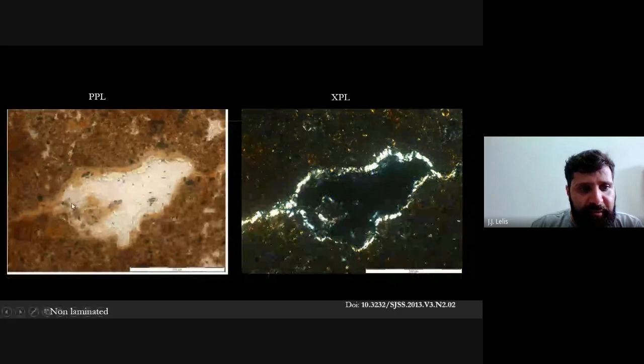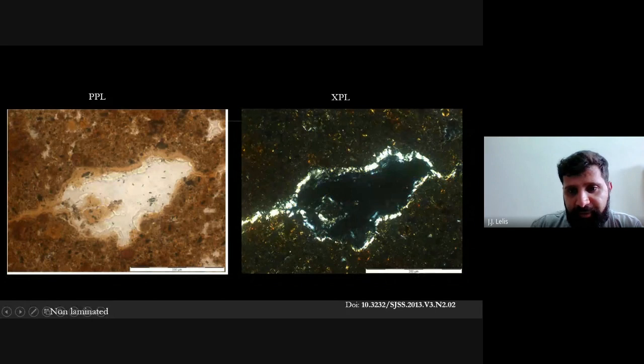Here we can see some clay coatings around voids, and they present a very beautiful color, this very white color that can tell us that the clay coatings here are very well organized.